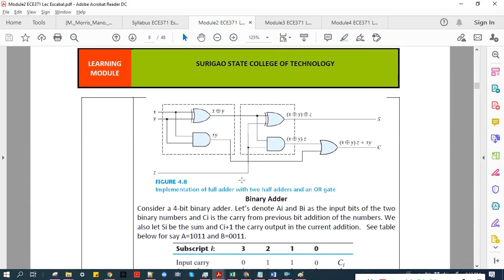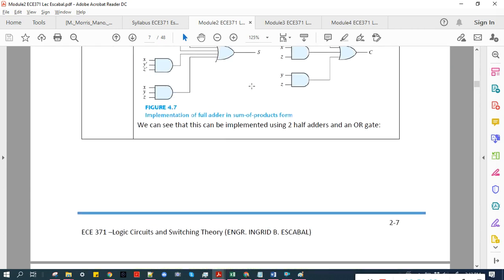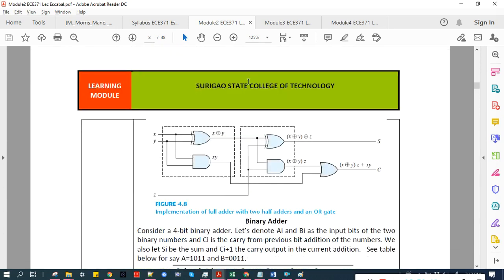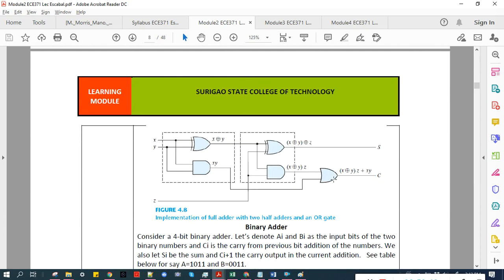Now this is the equivalent implementation of a full adder with two half adders and an OR gate. So it replaces the circuit with two half adders: the first adder, and then the second half adder with an OR gate.